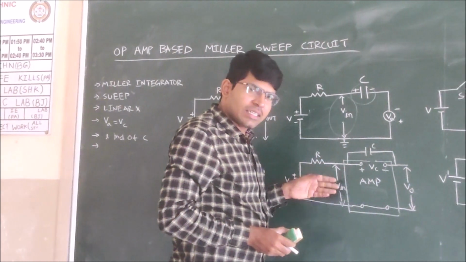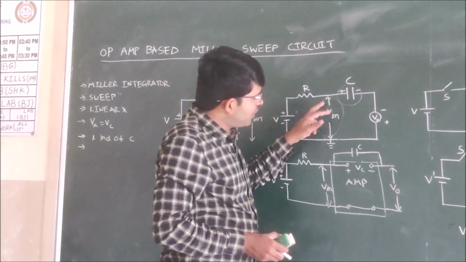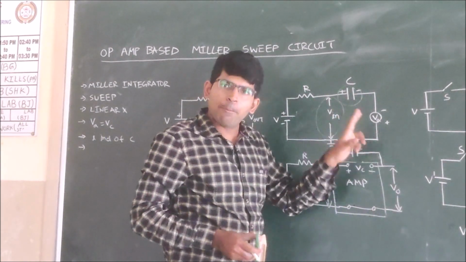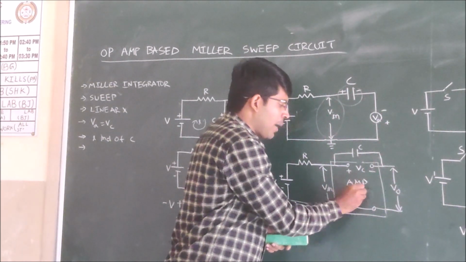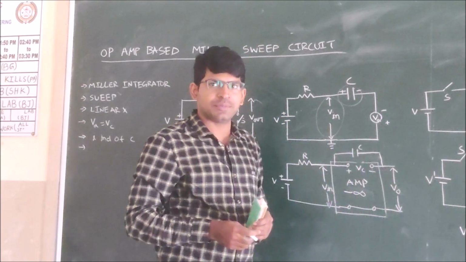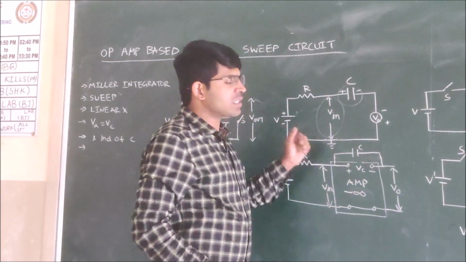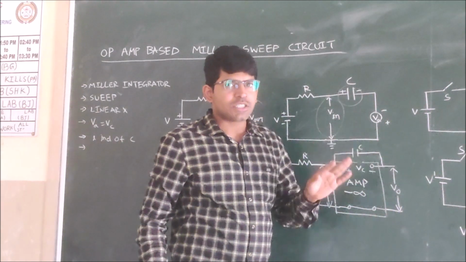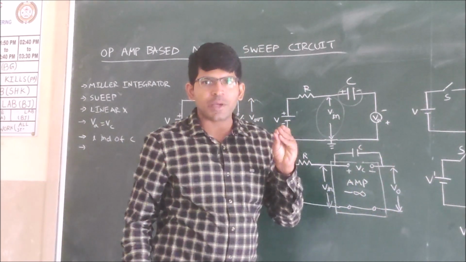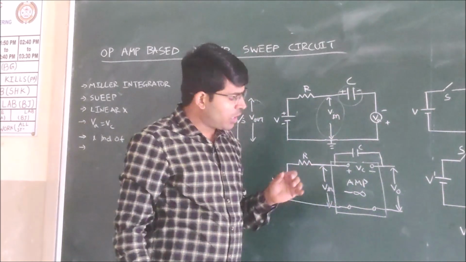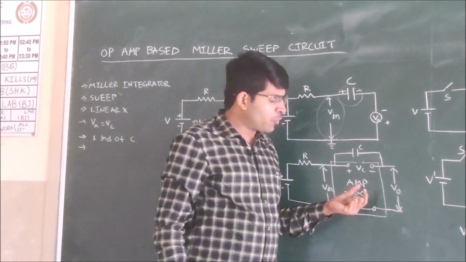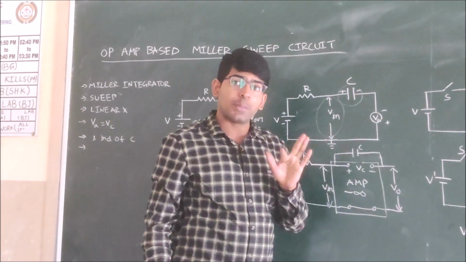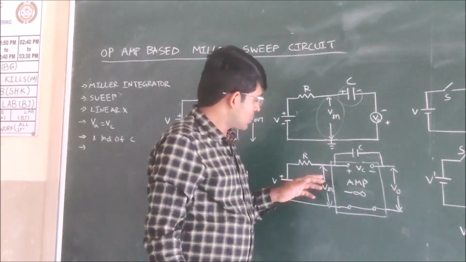Now in the next step, we are representing an amplifier here. The gain of this amplifier is minus infinity. We will discuss that when we take the gain of this amplifier as minus infinity, the slope error will become 0. So in order to make the slope error 0, we are taking the amplifier with the gain minus infinity.